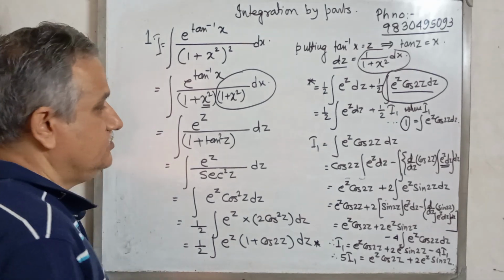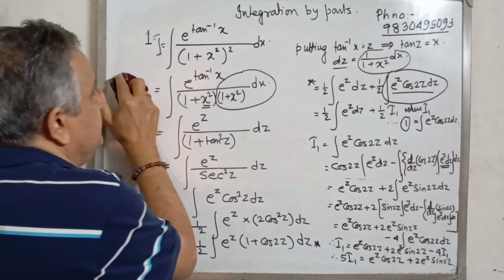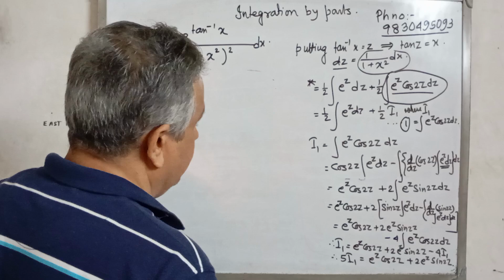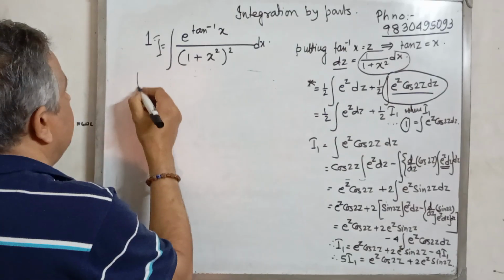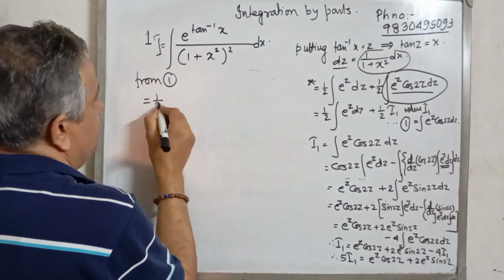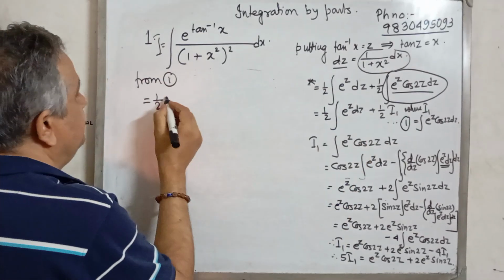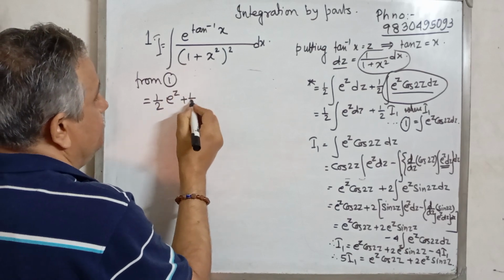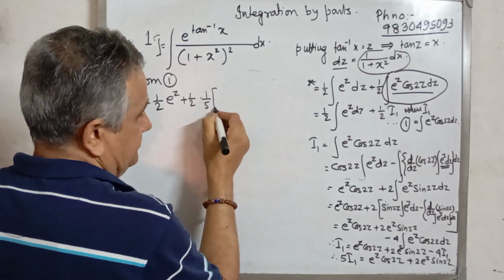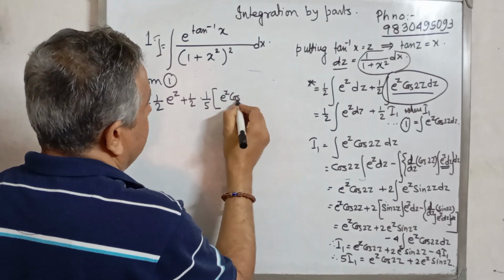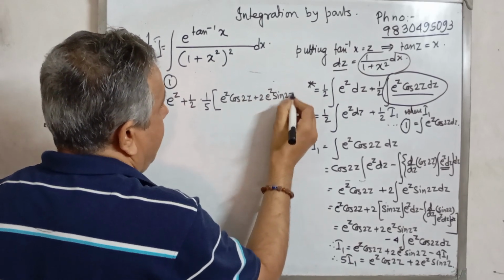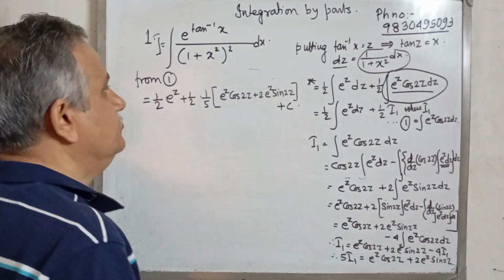Just erase that part, and here from 1 we can write half integration of e to the power z dz is e to the power z plus half into I1. From here I1 we get 1 by 5 e to the power z cos 2z plus 2 e to the power z sin 2z plus constant.